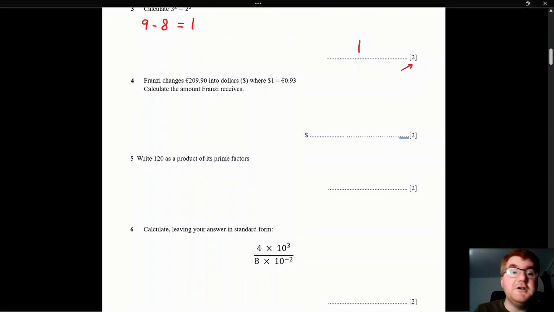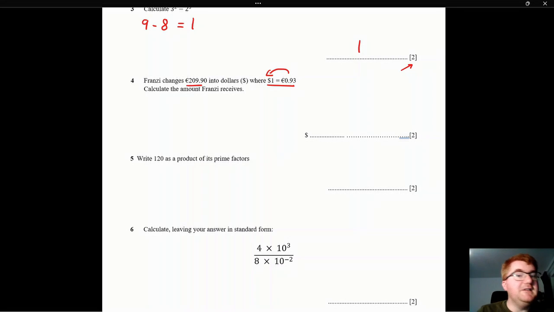Okay, on to question 4 here. So Francie changes 209 euros and 90 cents into dollars with this exchange rate here of $1 is equal to 93 cents. And now we need to calculate the amount Francie receives. So we have the euros and we want to go to dollars. So if we're going to go in that particular direction here, we need to divide.